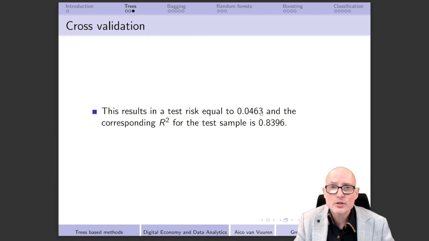And then the corresponding r squared for the test sample is going to be equal to 0.8396. So far we see that this is comparable to what we have seen already with respect to linear regression, but the performance that we have with respect to these trees is by far not as good as what we have already seen with respect to lasso and ridge regression.